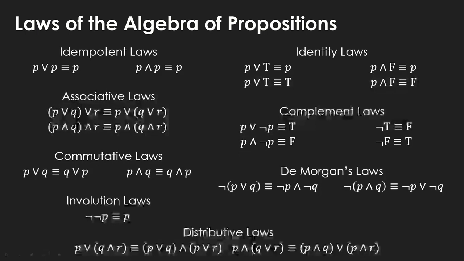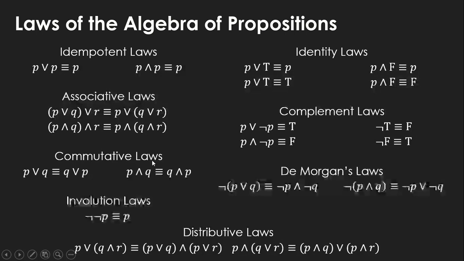So statement P or the negation of P will be true, and the statement P and the negation of P will be false. That is, if we negate a statement that is true, it will become false. Or if we negate the statement that is false, then it will become a true statement.